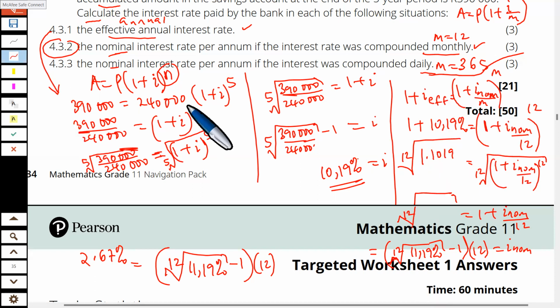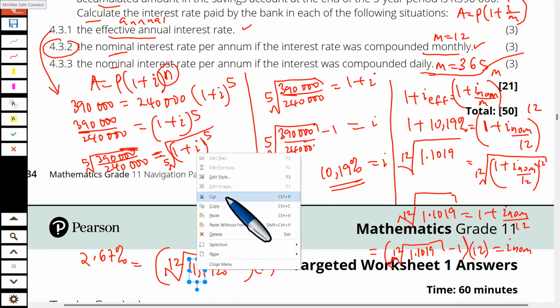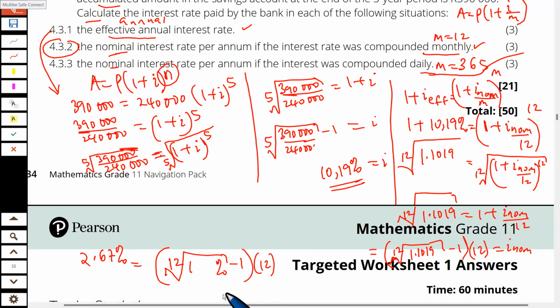So you have here 1.1019. Okay, so you come here. 1.1019, okay? And then you come here. Okay, so you observe these things so that you make sure that you avoid mistakes tomorrow.